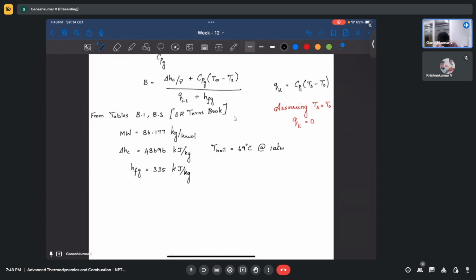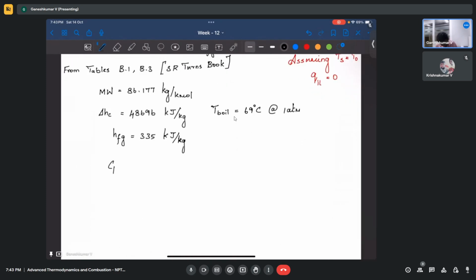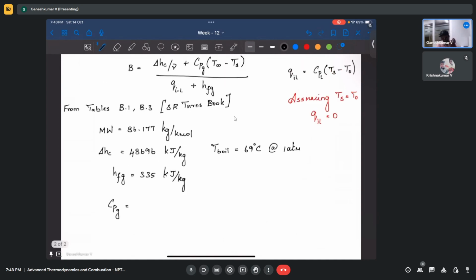Currently I'm going to take CPG as the gas phase N-hexane CP. We will see its implications while finding the flame temperature. It will give a good estimate for the mass burning rate, but if you want to find the flame temperature, it will be way off.